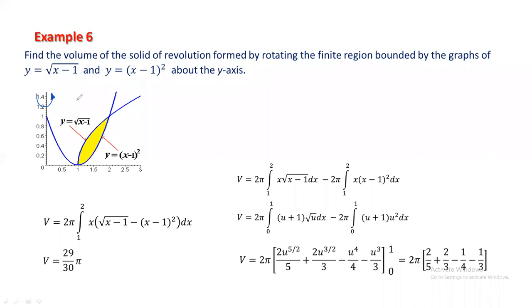So this time, it's on the y-axis. So your cross-section should be chosen such that it should be parallel to this axis here, not perpendicular. In our previous example, this is our axis. Then not now, because this time we're using the shell method, so we're using this axis.